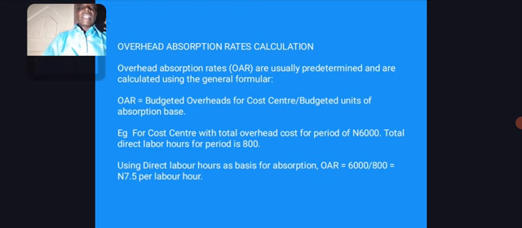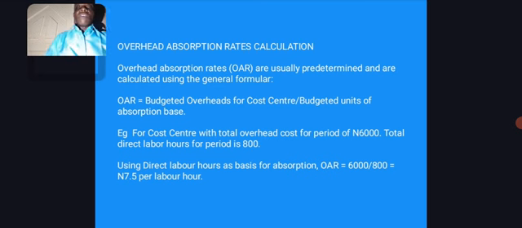So we can now simply calculate our OAR by dividing the 6,000 by 800 hours, and this gives us the rate of 7.5 per labor hour.